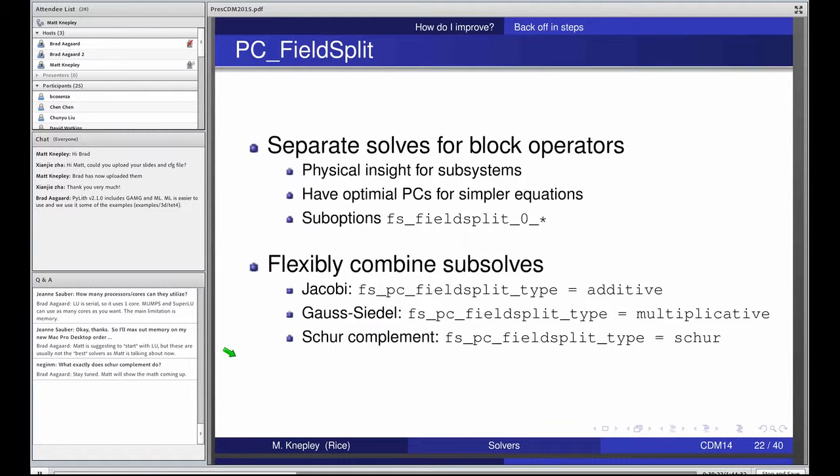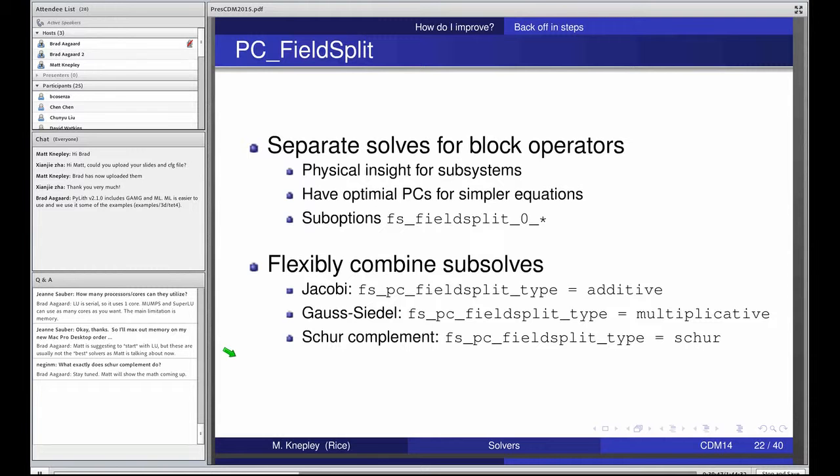We have a problem where we solve for both the elastic displacements and the Lagrange multipliers on the fault, which are your tractions. So what do we do? Well, algebraic multigrid will not work on this combined problem. It will fail. It will not be a good preconditioner.